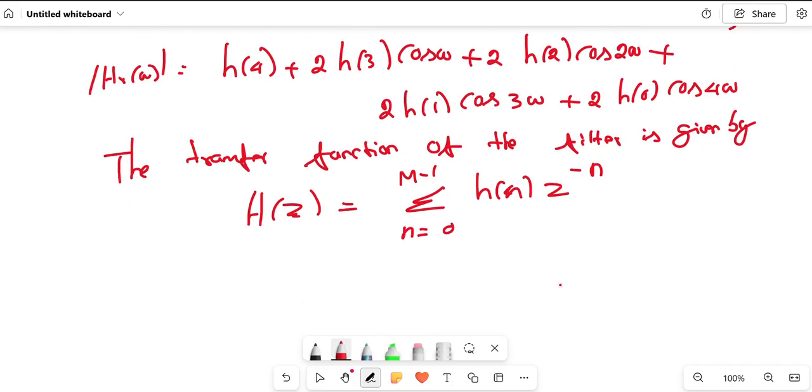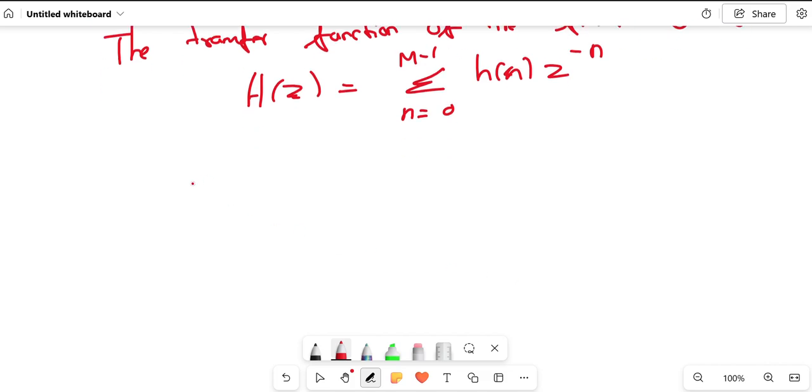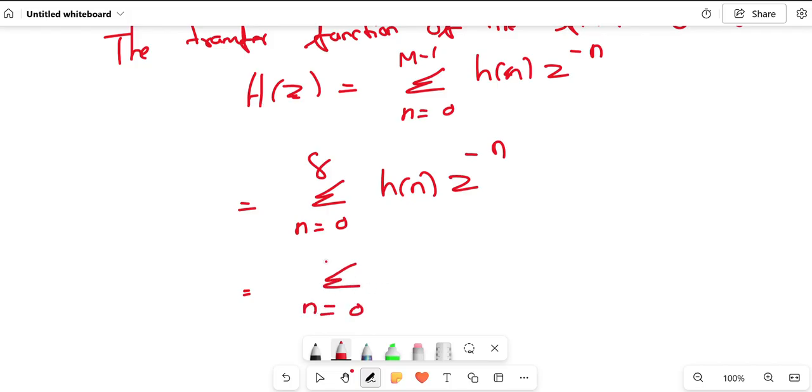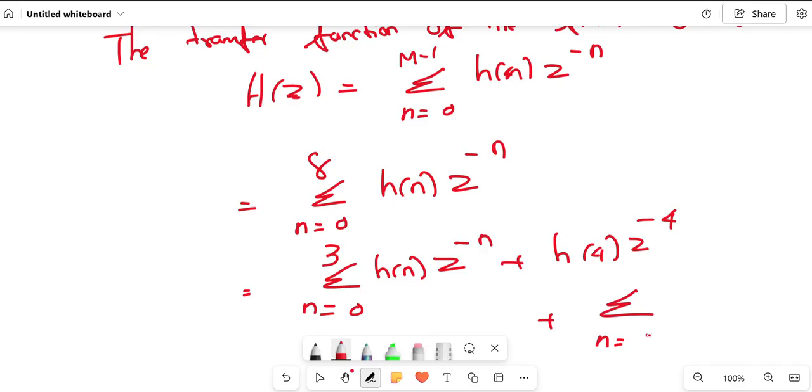The same method was used in the previous problem. So, write summation of n equal to 0 to 8 h of n into z power minus n. You write summation of n equal to 0 to 3 h of n into z power minus n plus h of 4 into z power minus 4 plus the summation of n equal to 5 to 8 h of n into z power minus n.